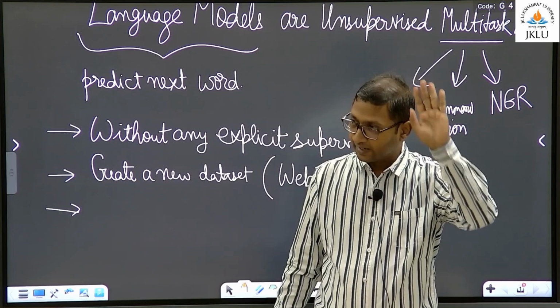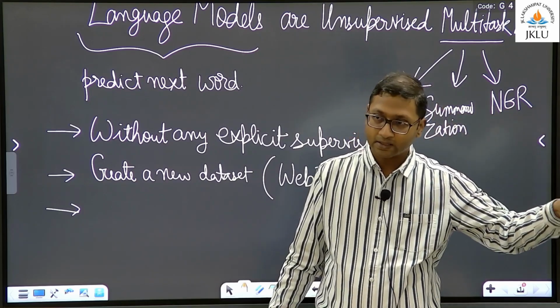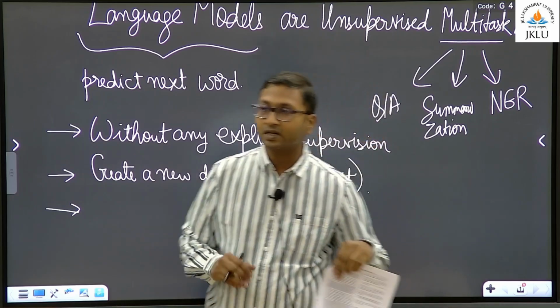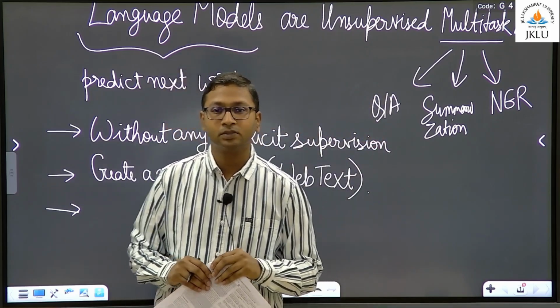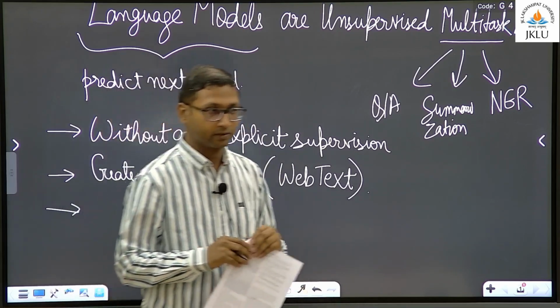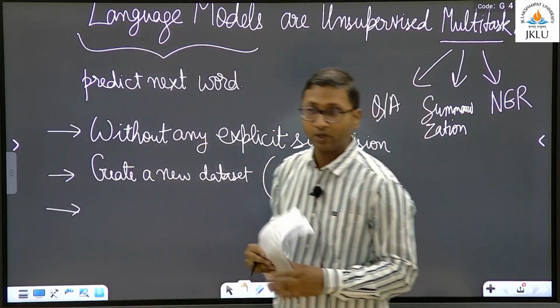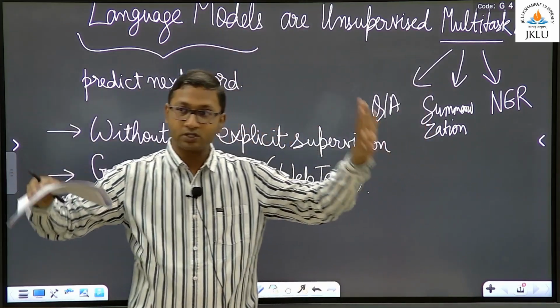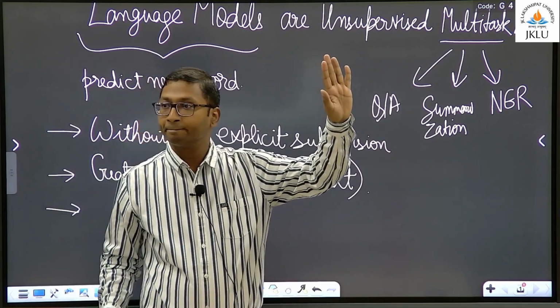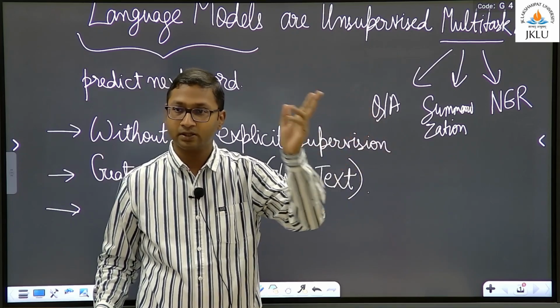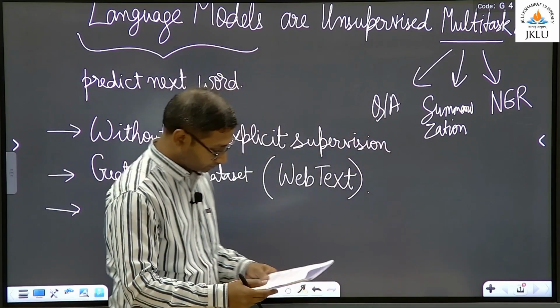You train it for one task or a couple of tasks. What were they? Masked language modeling and next sentence prediction. And then you fine tune it to do other tasks too. But both are different classes of models. One is encoder only, another one is decoder only.